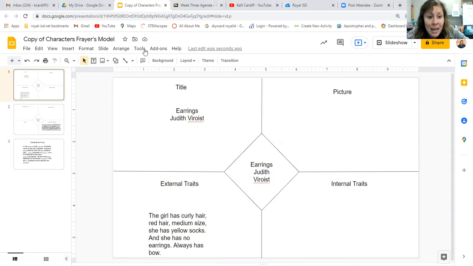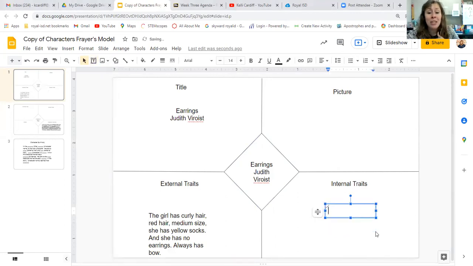and we would go into the internal. Oh, I'm putting a line and I apologize. Sorry. Okay. So the internal would be inside, making sure that the student knows that this is your heart, this is your feelings, these are your thoughts. So the girl, to me, is disrespectful.